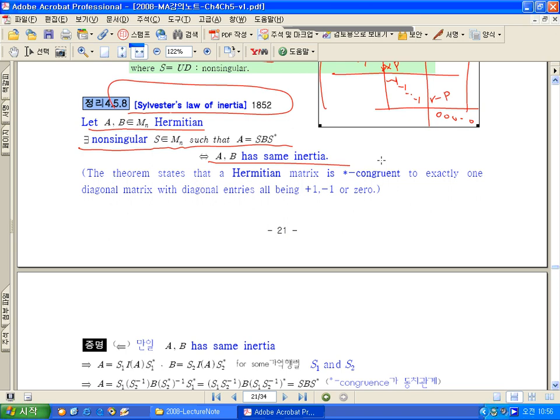It has the same index, the same signature, and the same rank, isn't it? Okay, cool. This theorem states that a Hermitian matrix is star congruent to exactly one diagonal matrix like this, with the diagonal entries all being +1, -1, or 0. This is what Sylvester's law of inertia says.